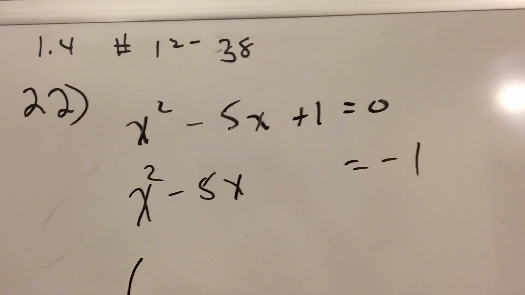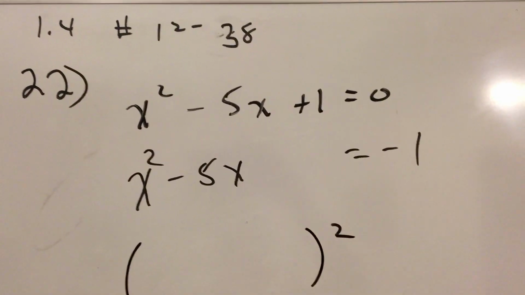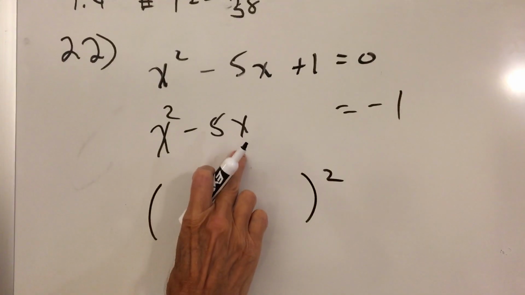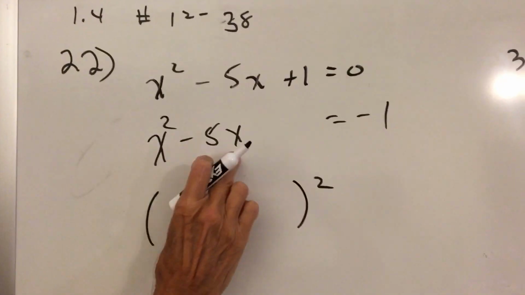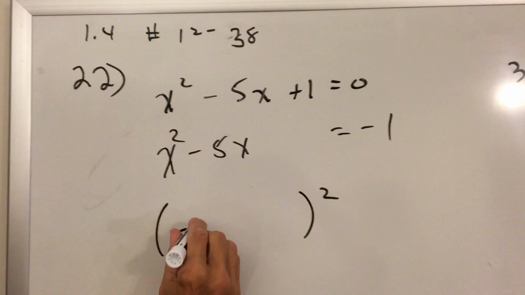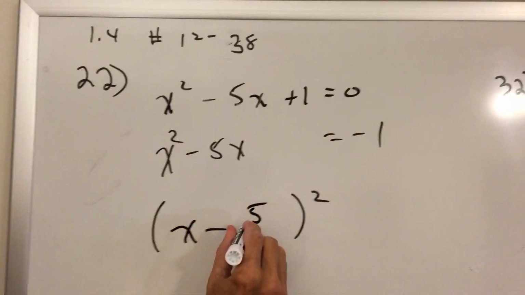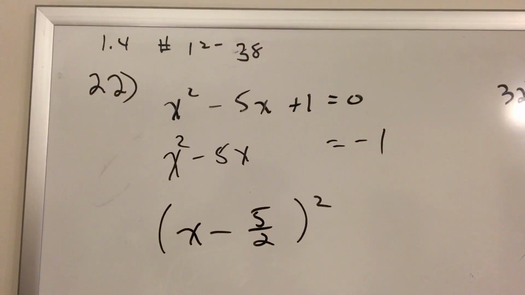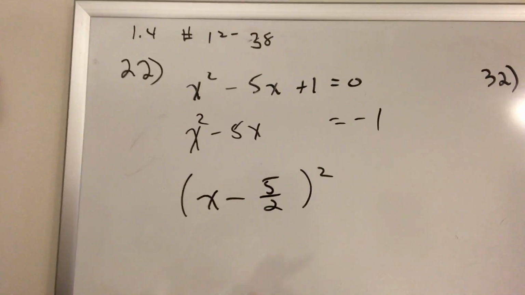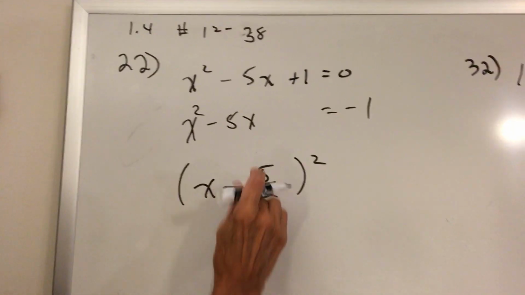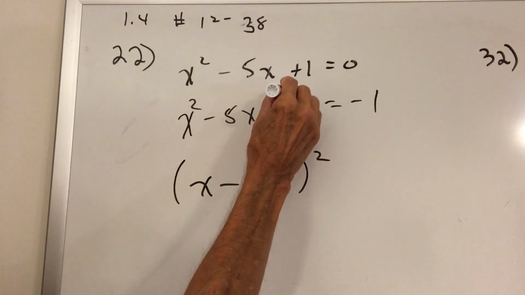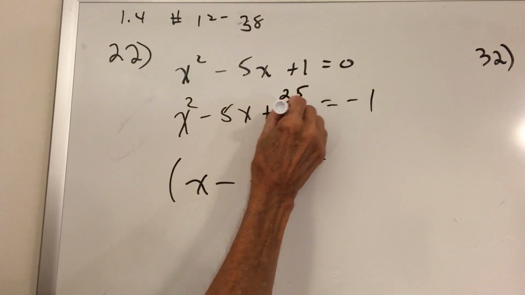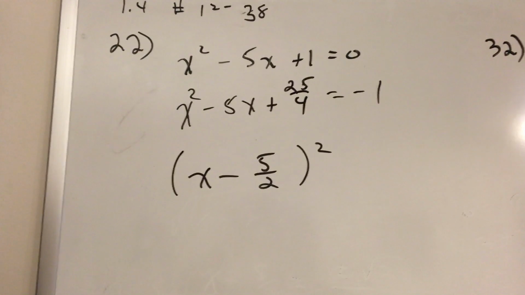Now we say the square that will give you x squared minus 5x will be x minus 5 over 2. But to complete the square, we have to square that. Squaring that, we get 25 over 4.